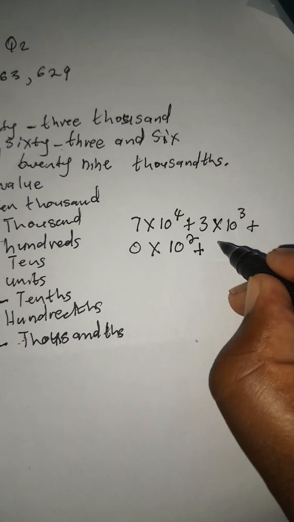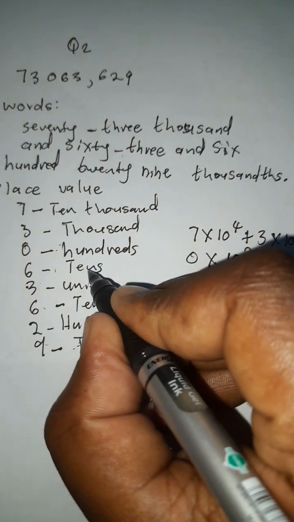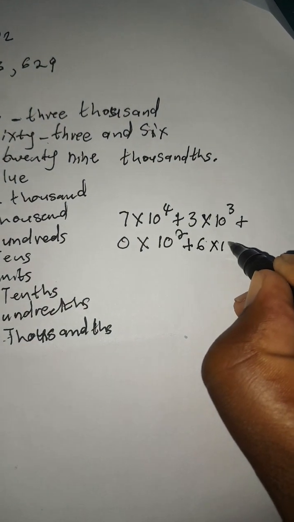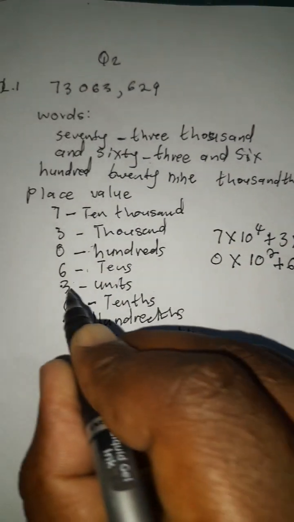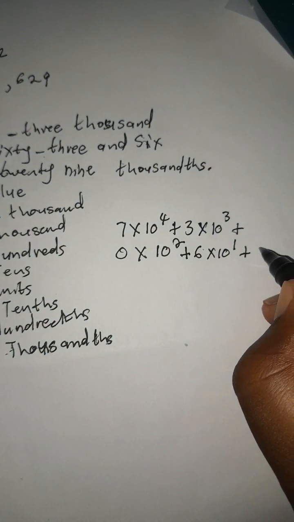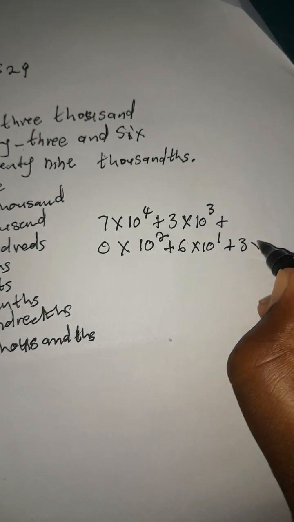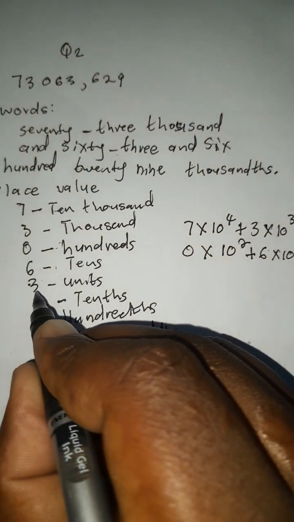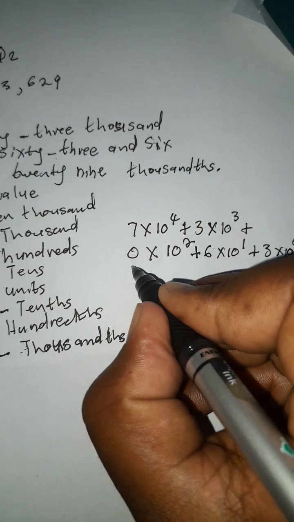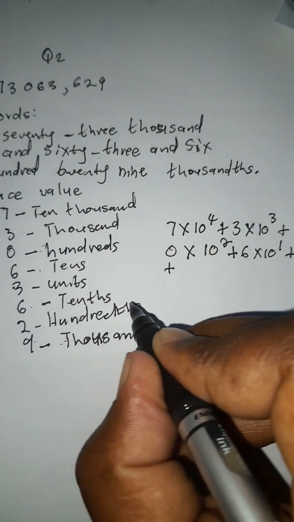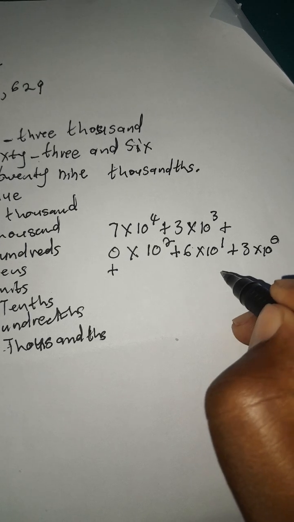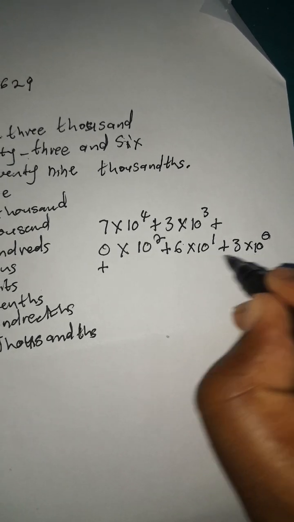Remember, now we go to 6, right? This 6 is in tens, so it will be 6 times 10 to the power of 1. Then we add 3 times 10 to the power of 0, because it's in units.